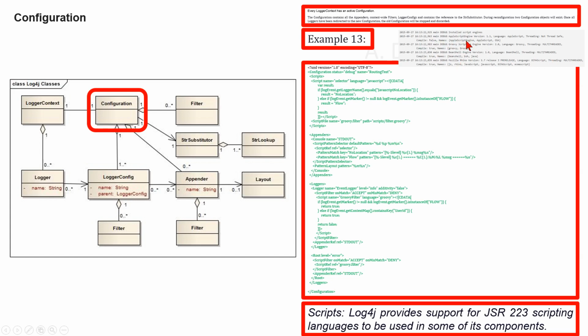Although some engines may say they are not thread safe, Log4j takes steps to ensure that the script will run in a thread safe manner if the engine advertises that it is not thread safe.